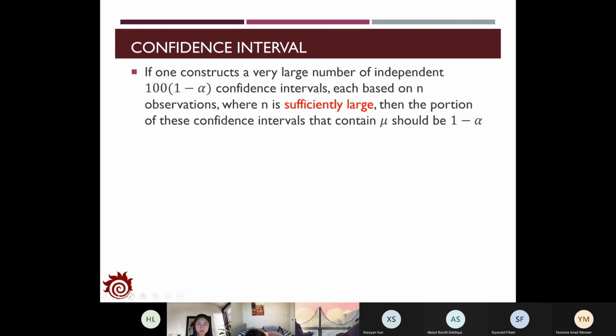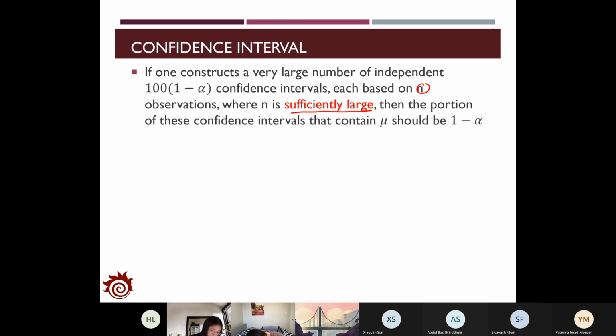And for more information about the confidence interval, if we have a large number of independent variables that we observed, say that if the n value is sufficiently large, then the t distribution will be similar to the normal distribution, or close to it.